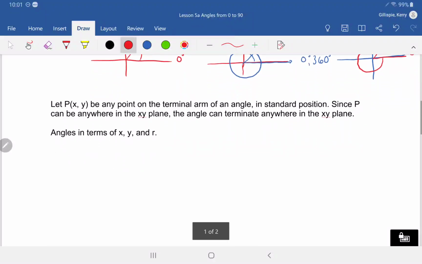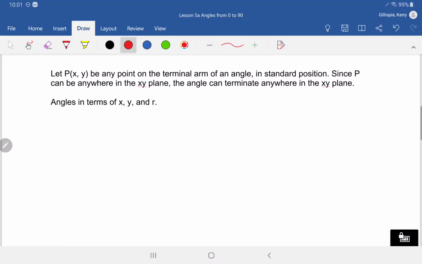All right, let's look at an angle through a specific point on an xy plane. So let's say we have this angle here, and it's going through this coordinate xy.